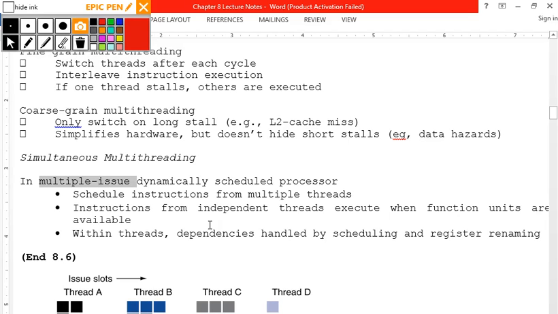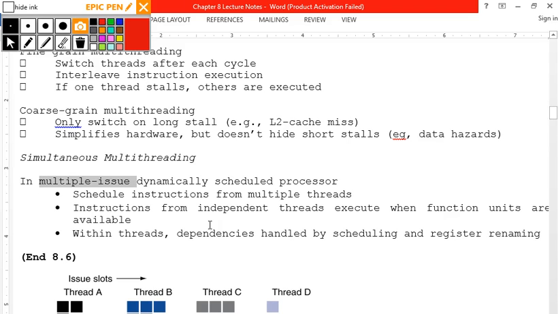So within threads, dependencies are handled by scheduling and register renaming. We're going to be going over something called Tomasulo's algorithm when we talk about register renaming. The general idea is that if you're doing a loop, and remember how in your project description I had you go through each execution of the loop to figure out precisely what's happening? The reason I had you do that is not just because it's good project planning, but because it's a good way of understanding how multi-threading works.